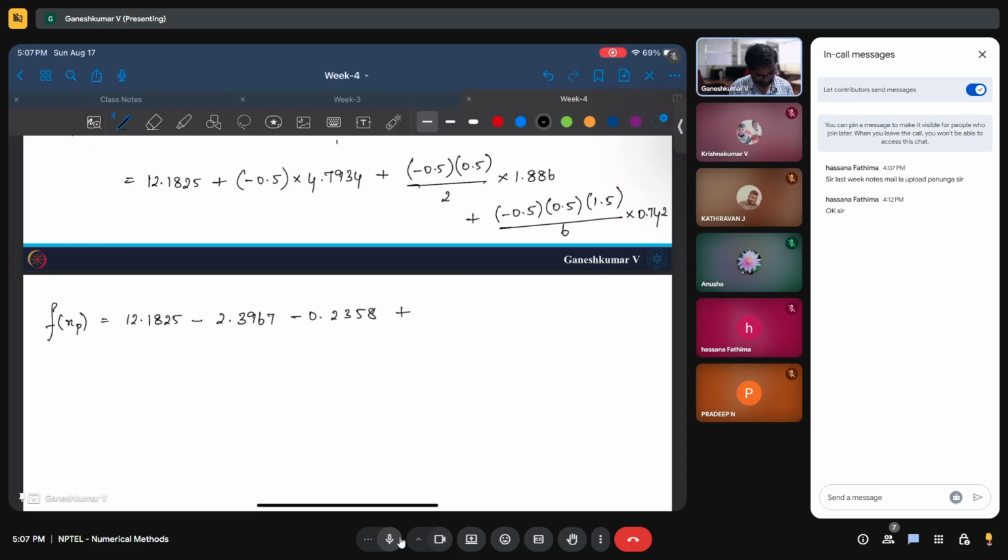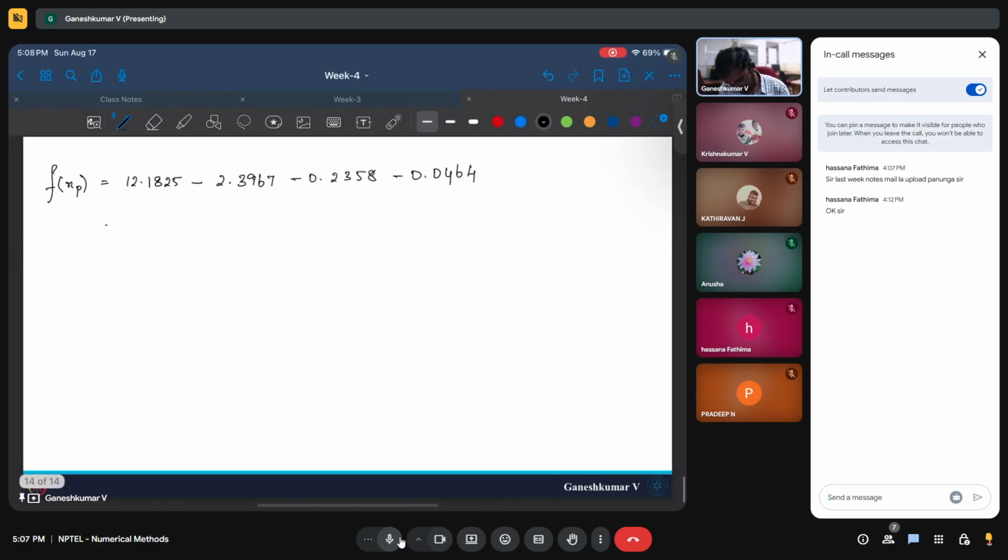plus 0.5 into 0.5 into 1.5 into 0.742 divided by 6. This is also minus 0.0464.